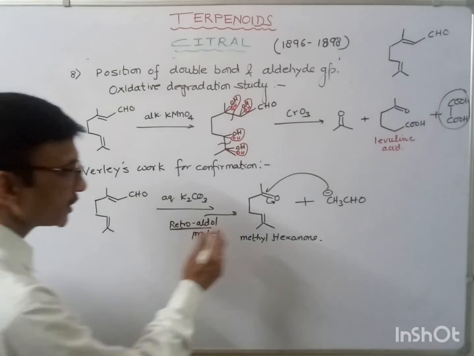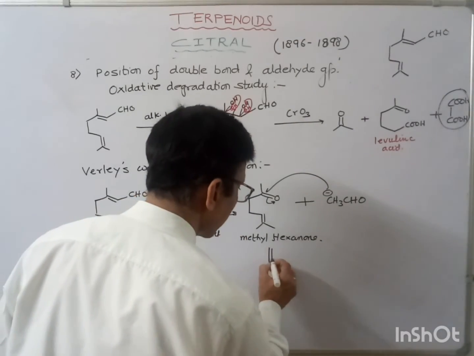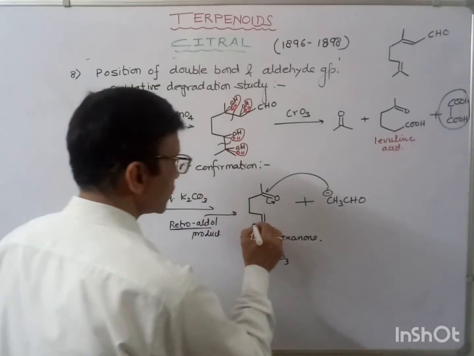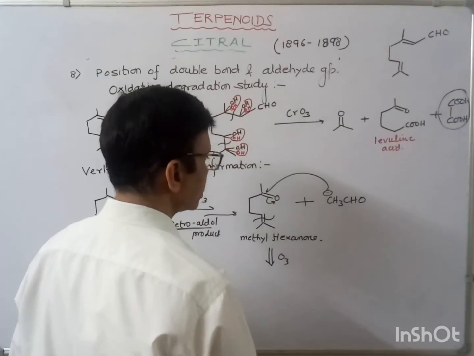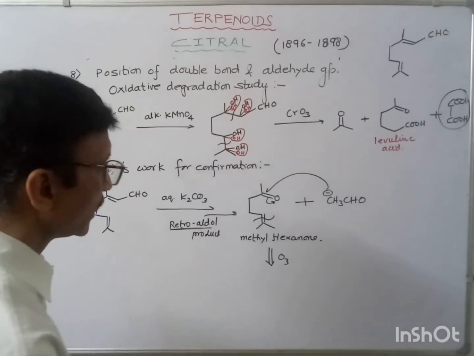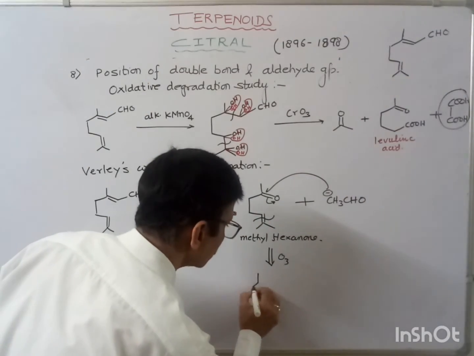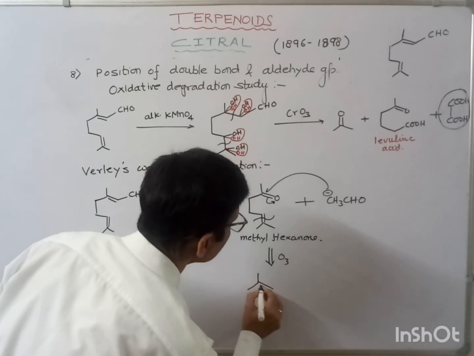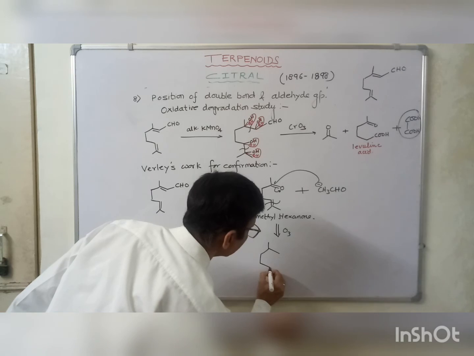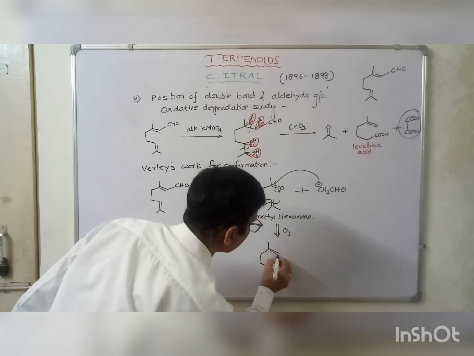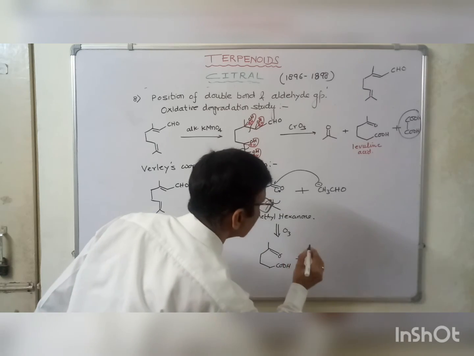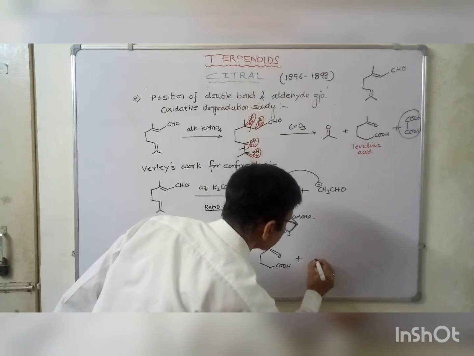Now further, this methylhexanone, after ozonolysis, will break like this, and we will get levulinic acid plus this acetone.